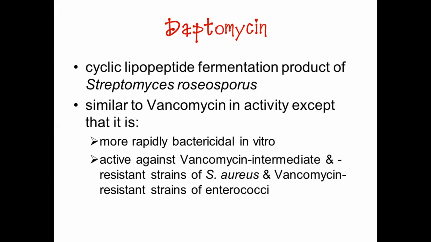It is active against vancomycin intermediate and resistant strains of Staphylococcus aureus. So after vancomycin, if it's resistant to vancomycin, we can give daptomycin. Pero wala pa naman akong sa level na ganito nung may patient akong naging resistant sa vancomycin.